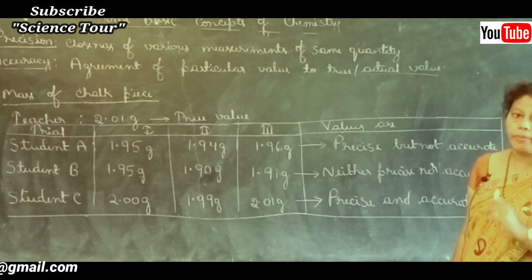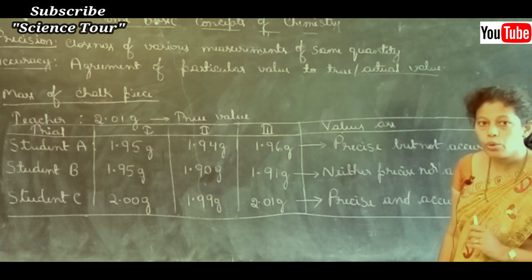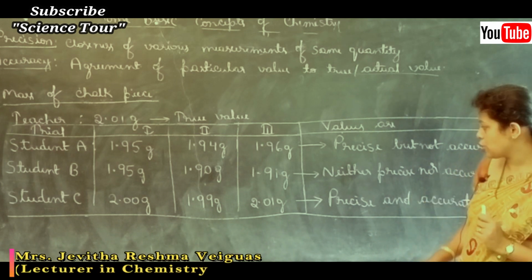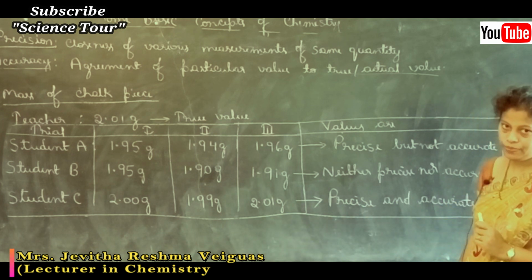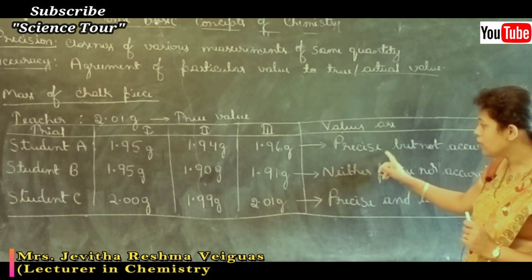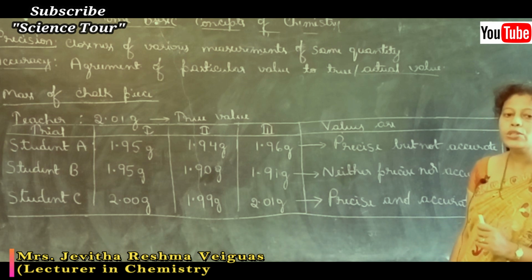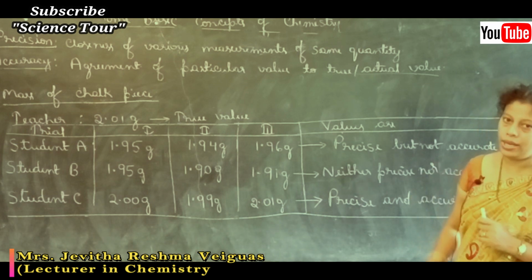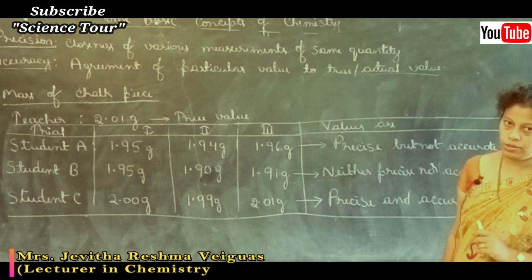Whenever we do experiments, whenever we do measurements, our values must be precise and accurate. If your values are not precise, that means you are not doing the experiment in a proper manner. Your method is not correct.